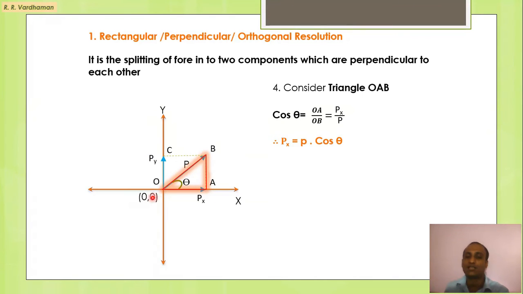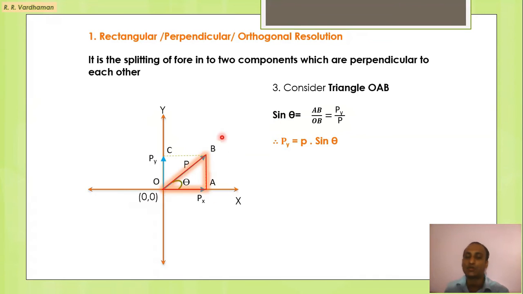Now consider this triangle OAB, and here in this triangle we will consider first of all cos theta, which is adjacent side to the hypotenuse, and we know adjacent side is Px and hypotenuse is P, and hence we can calculate the Px value, that is P cos theta. Now similarly we will consider sin theta.